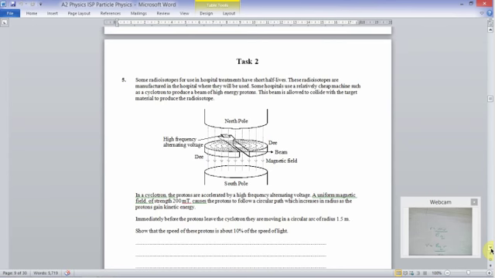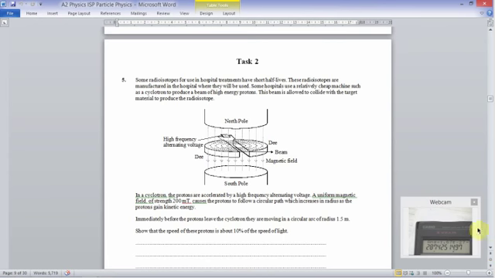Let's do that again: 200 times 10 to the minus 3 times 1.6 times 10 to the minus 19 times this radius of 1.5 metres, and then we'll divide that value by 1.67 times 10 to the minus 27. You can see the value we end up with is 2.9 times 10 to the 7. So that's 10% of the speed of light.